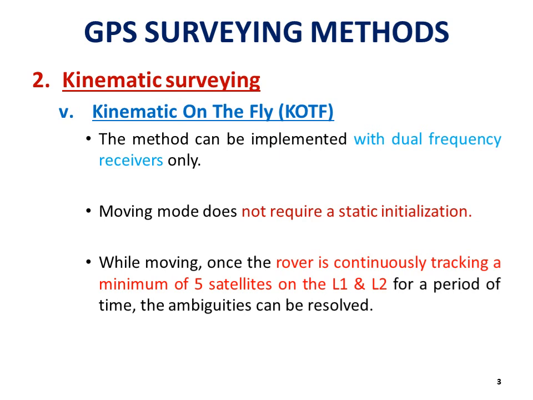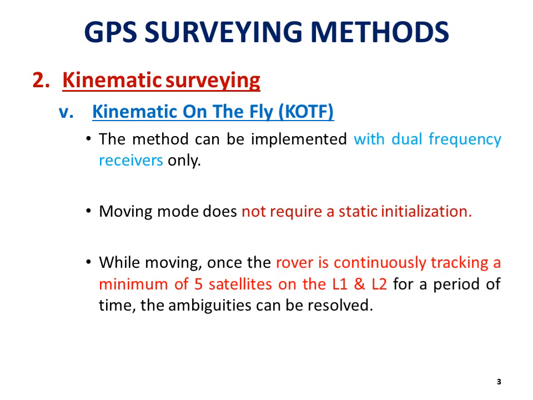Whenever we start surveying, we have to remove all the ambiguities and set up the signal lock between the satellite and the receiver. That is the meaning of initialization. So even if these are in movement, it does not have the problem of needing static initialization at each stop. Why? Because it is using dual frequency receivers.